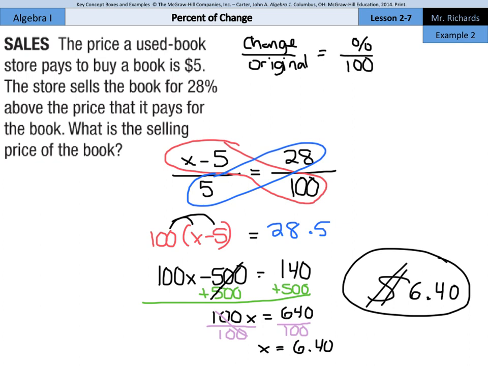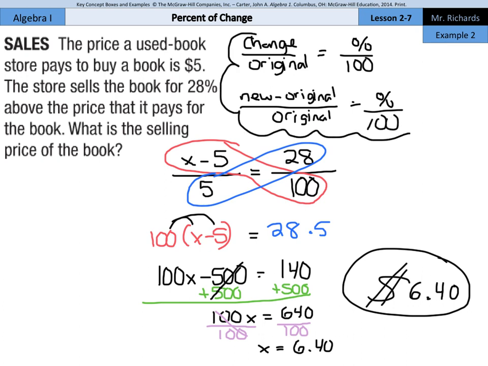And for the change, we can take the new minus the original over the original, equals the percent over 100. So there are two ways of looking at our percent change proportions here today. And that's what we did. Our new price was what we were looking for. So x minus our original of 5 over 5 equals 28 over 100.